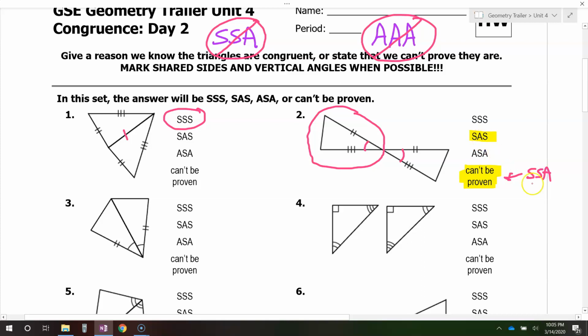Okay, now the way I know the difference between side, angle, side, and side, side, angle is in this case, see how the A is between the two S's? That means that the angle has to be between the two sides. And that's actually exactly what I have here. Let me show you what I mean. Here's one side that I have marked congruent.